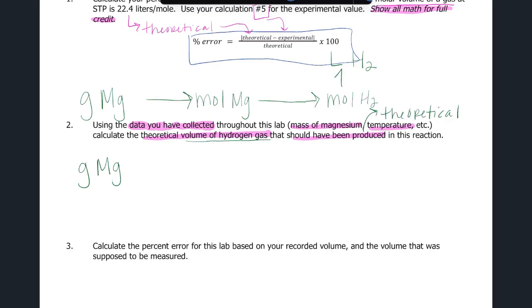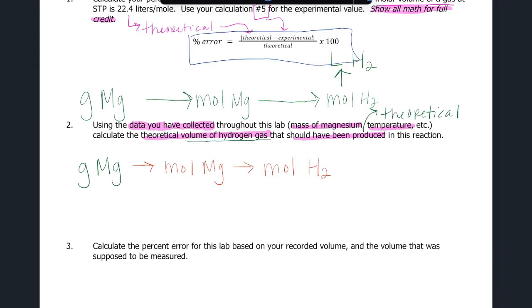And then we're going to convert to liters of hydrogen. So think about all the ways that help us get there. So we're going to use molar mass, we'll use a mole ratio, and then because we are not at STP, we'll have to use a different method at the end. So we'll convert from grams to moles of magnesium to moles of hydrogen.